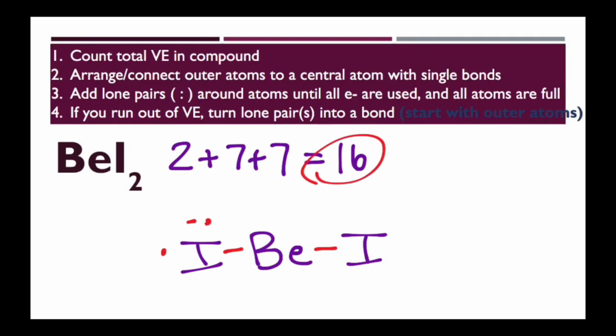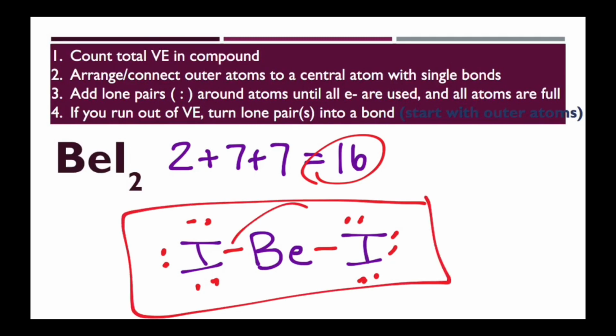So 6, 8, 10, 12, 14, 16, and we're actually done. It might seem like one of those cases where I ran out before my beryllium is happy, but remember what we were just saying, is that beryllium is happy with just 4 electrons, and it got those just from these 2 bonds here. So we're done.